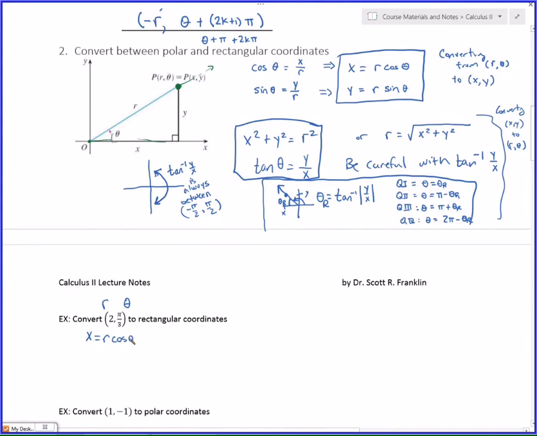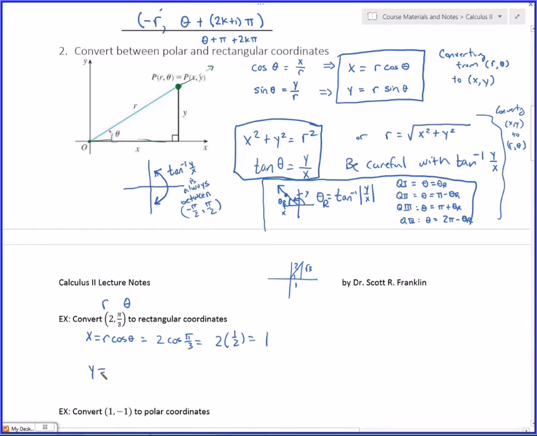x equals r cosine theta, which would be 2 cosine of pi over 3. Pi over 3 is 60 degrees, so it's a 2, 1, square root of 3 triangle. So cosine is 1/2. 2 times 1/2 is 1.